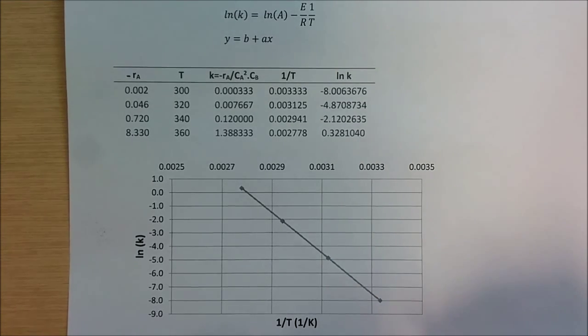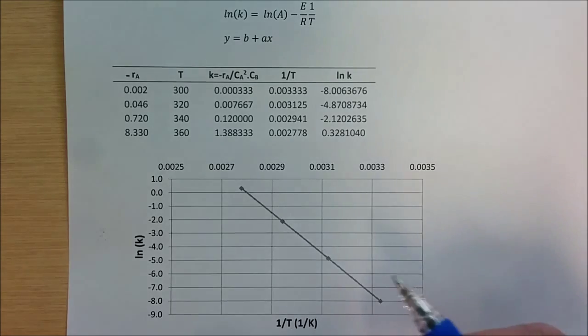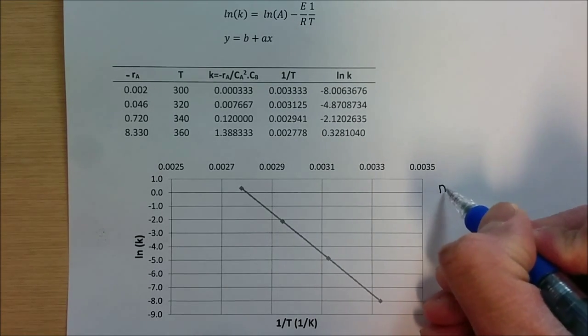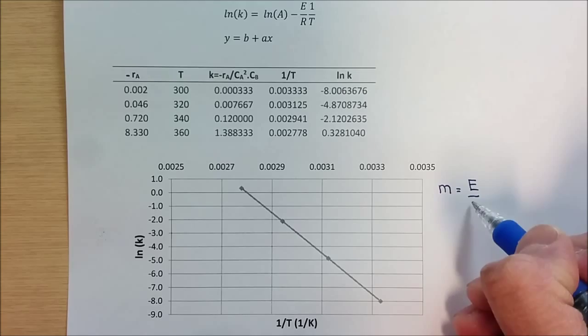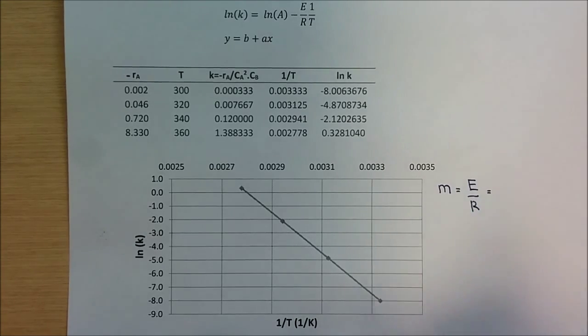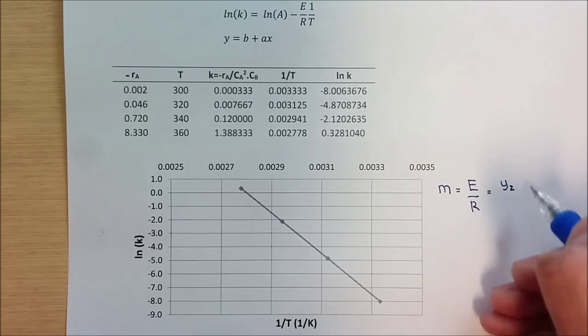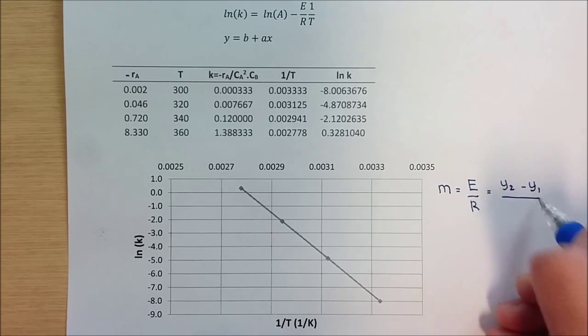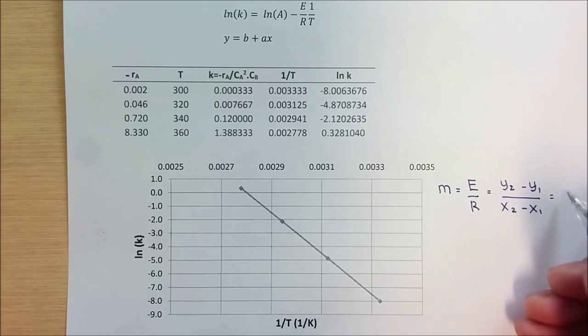So what it means, based on the equation that we derived, which is a linear equation, now we can calculate the gradient of the line, which is m, and it's going to be equal to minus E over R. If you remember the linear equation, to find the gradient we can use two points: y2 minus y1 over x2 minus x1, which is actually delta y over delta x.